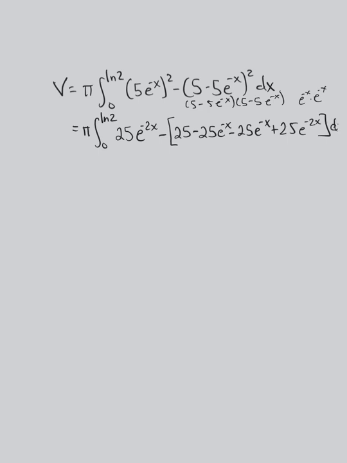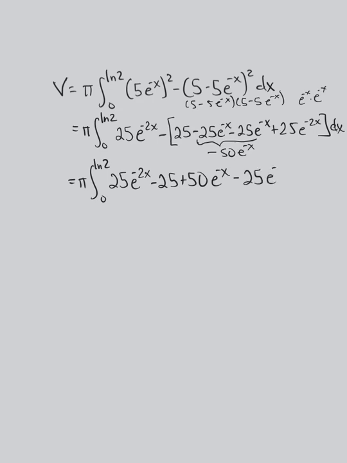Okay. So notice right here, this is minus 50 e to the negative x. So what do we have here? We have pi integral 0 to ln of 2 of 25 e to the negative 2x. I need to distribute this negative, so it's minus 25 plus 50 e to the negative x minus 25 e to the negative 2x.